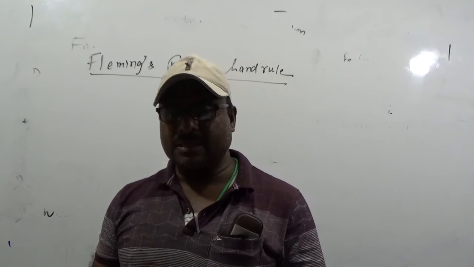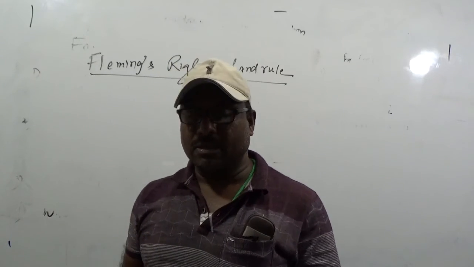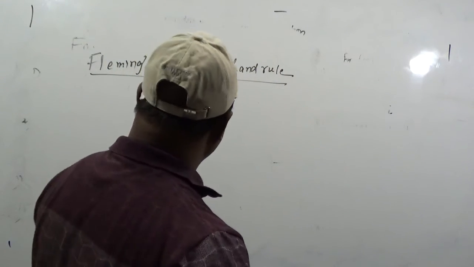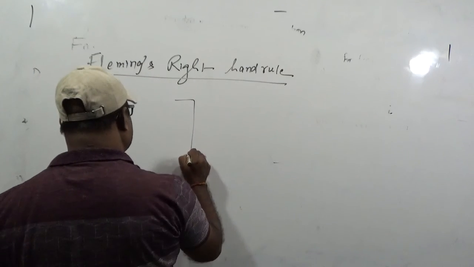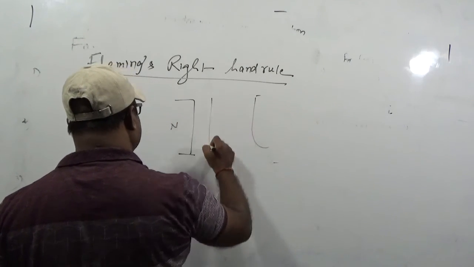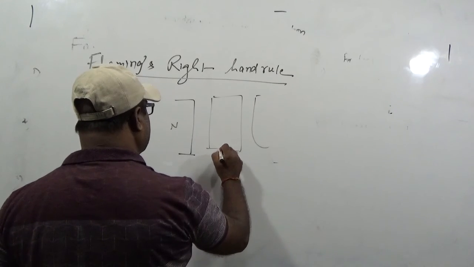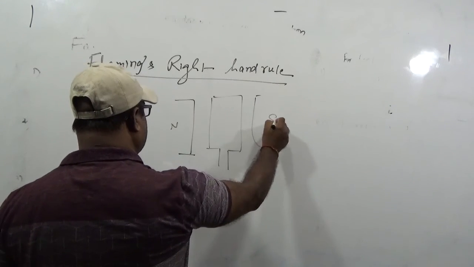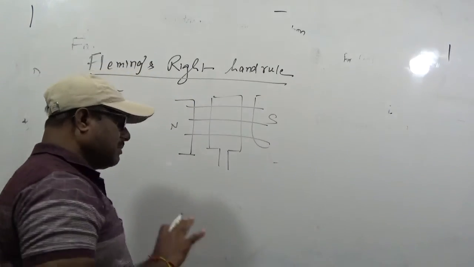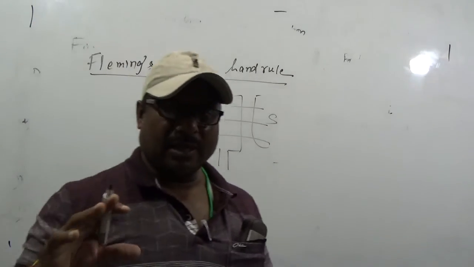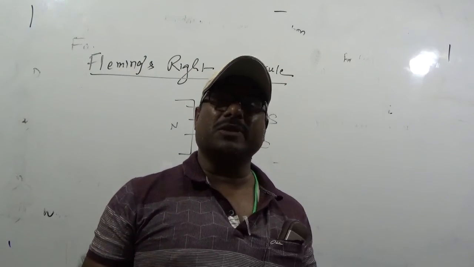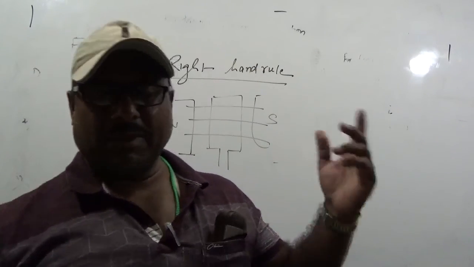We will discuss that there is a magnet and here is a coil, and these magnetic field lines, and when there will be a change in the magnetic field lines, it will produce the induced EMF.